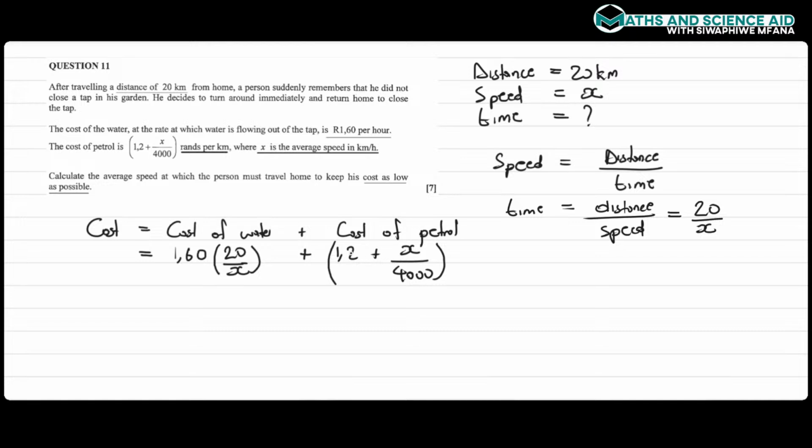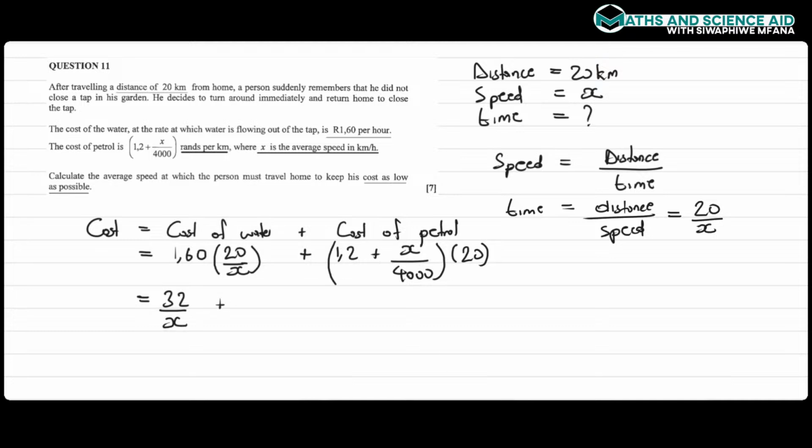Therefore, his cost will be this 1.2 plus x over 4,000 multiplied by 20 kilometers that he will have to travel. And then you just simply need to simplify this. So you do need a calculator there. What's 1.6 multiplied by 20? That's 32. So this is going to be 32 over x.